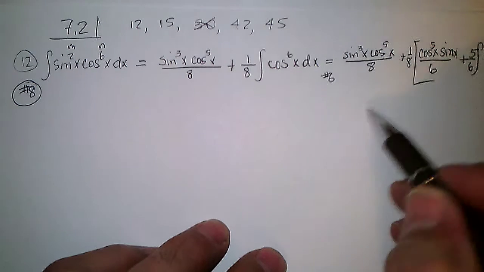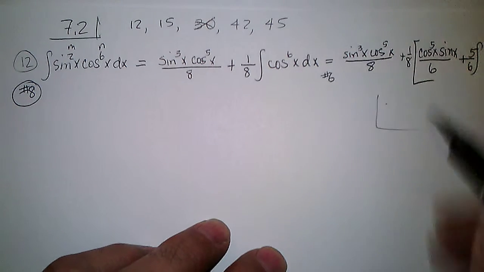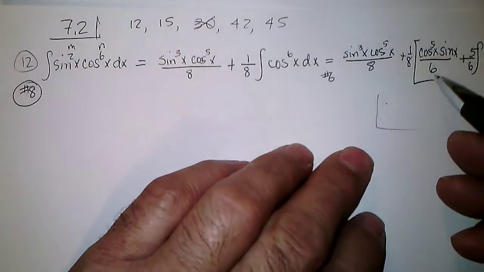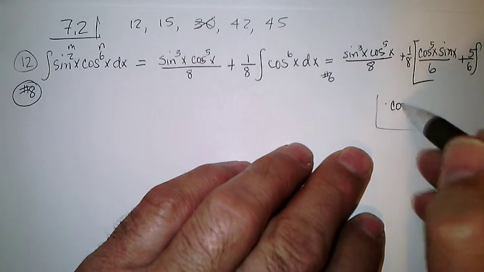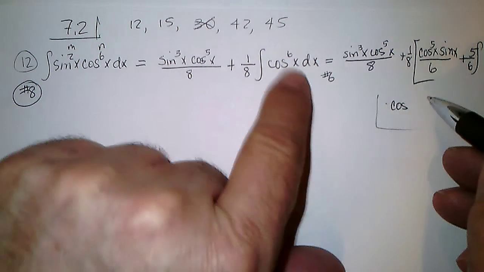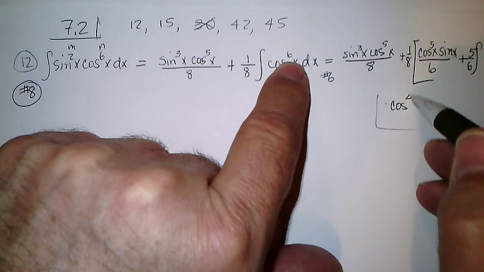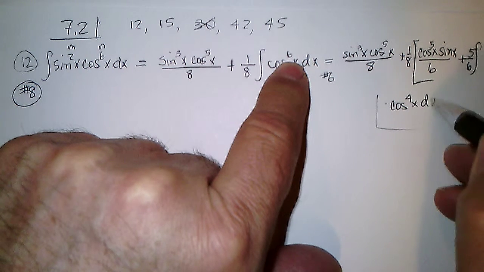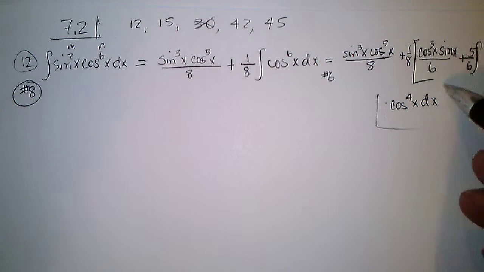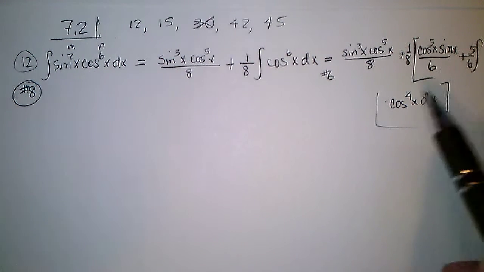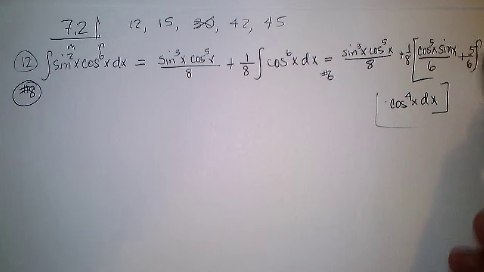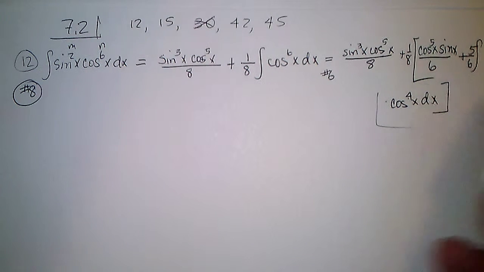And that integral, I'm going to have to write it down here. It's the cosine of 2 less. Cosine of 6 minus 2 is 4 x dx. So then I'm going to use that same formula once again to reduce the cosine of the 4th.